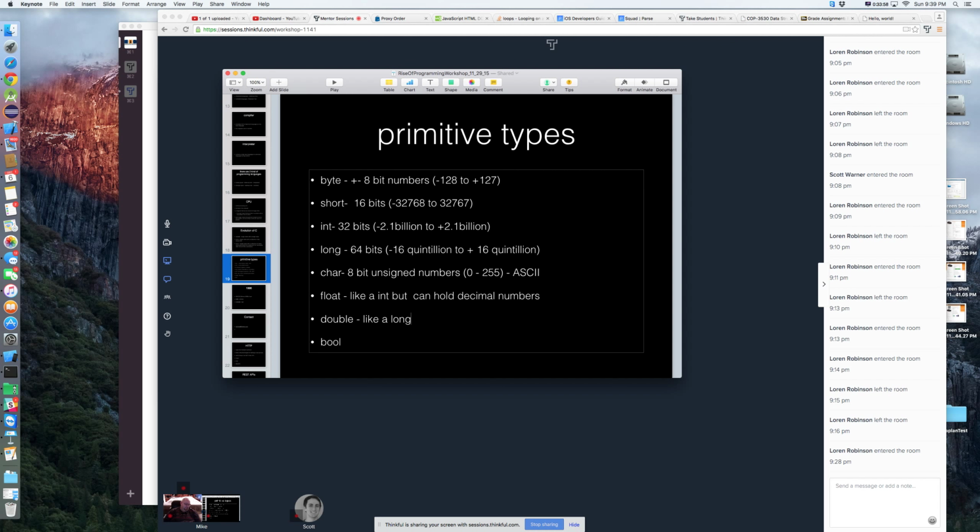A float, I think, is 48 bits, so that's 32 bits before the decimal point and 16 bits after. And a double is 96 bits, I believe, 64 before, 32 after. So just for holding footprints of values.